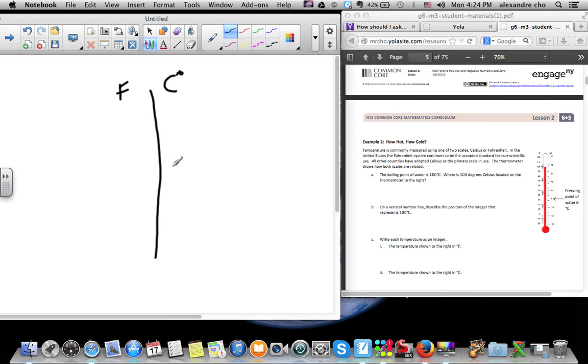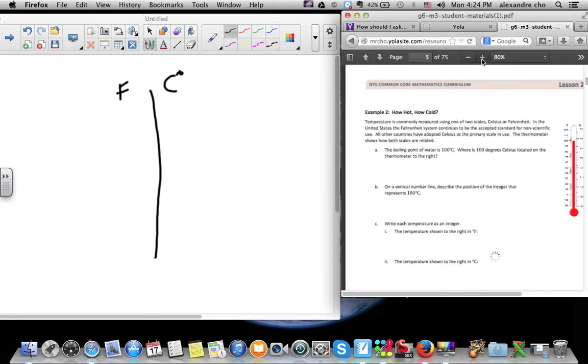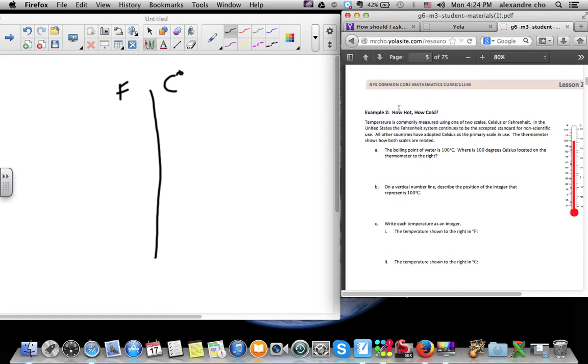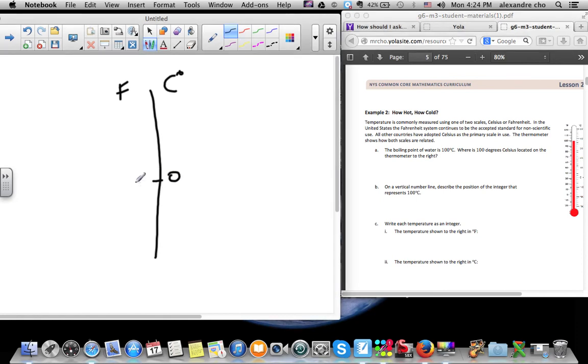So 100 Fahrenheit. Okay, and I'm just gonna make sure that I see. I can't see it. Okay, so what we do know is that here 0 is in the Celsius and 32 is on the Fahrenheit side.